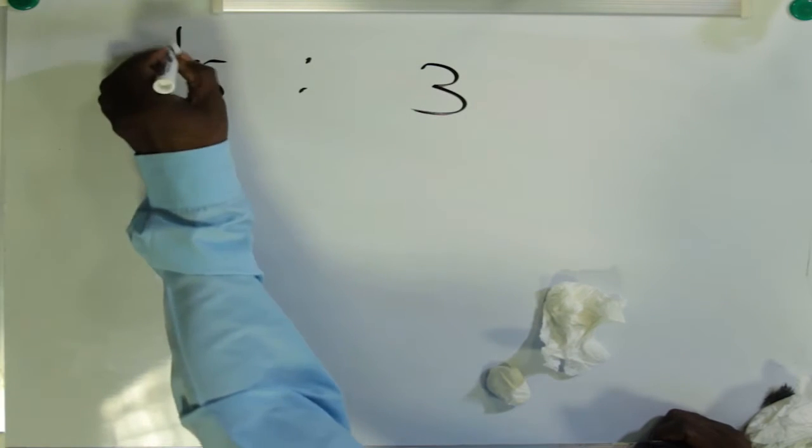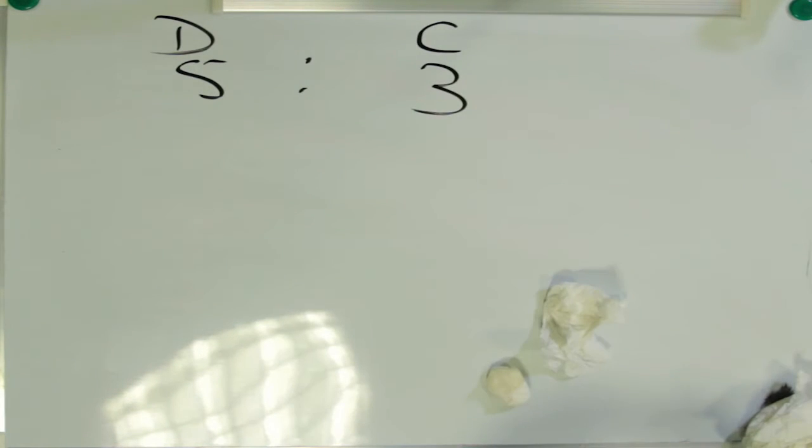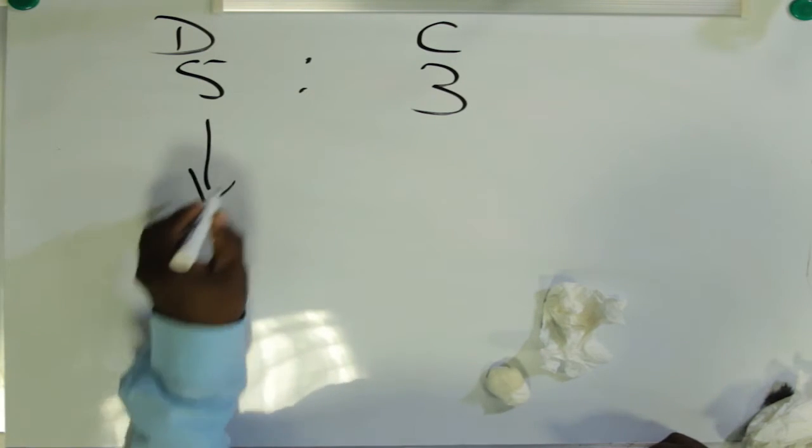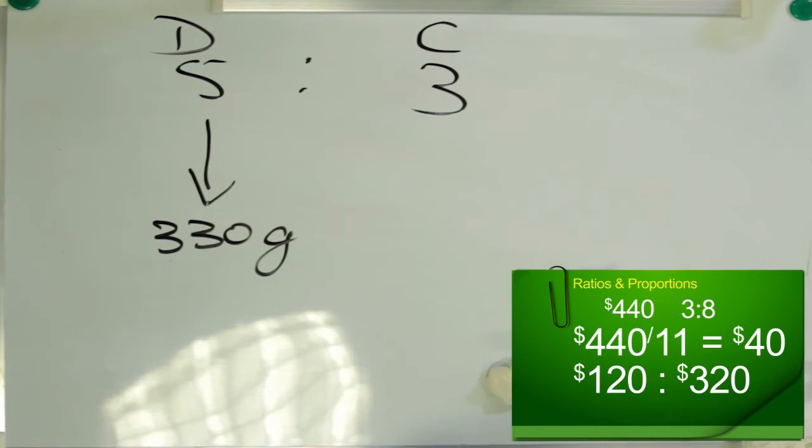The dog gets 5 parts, the cat gets 3 parts. What if I know how much the dog received? Suppose I say to you, give the dog 330 grams. How much would you give to the cat?